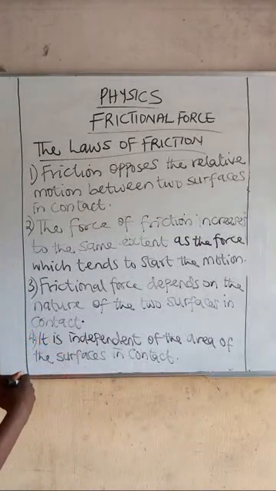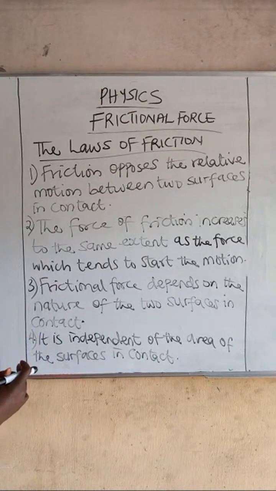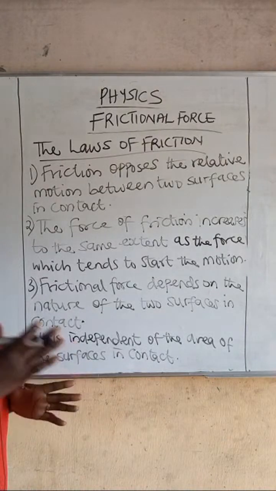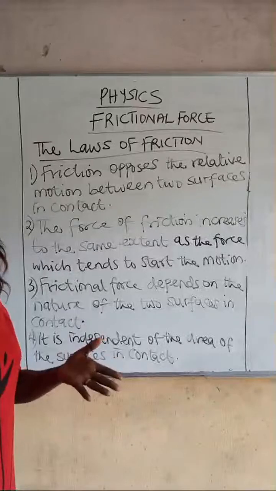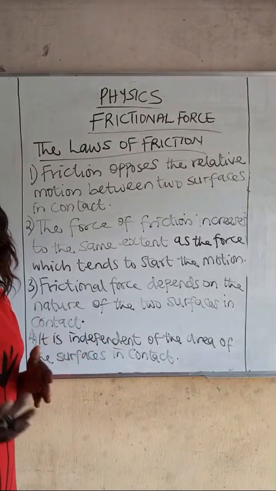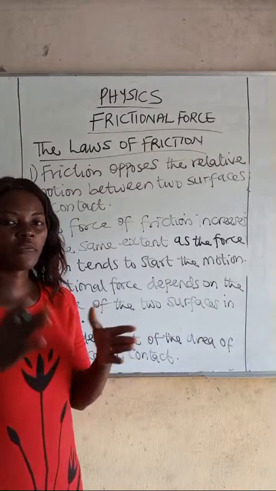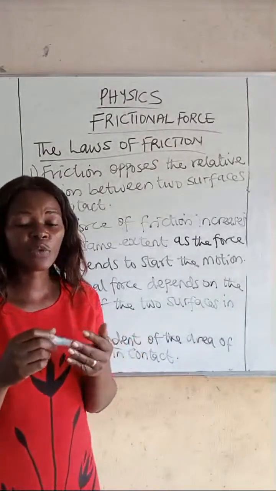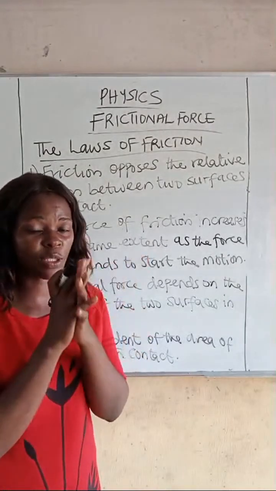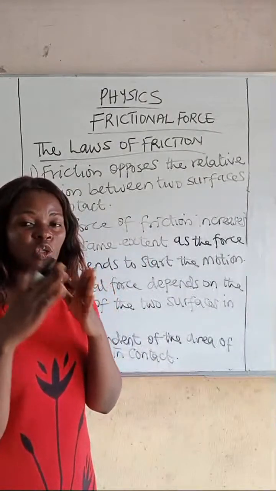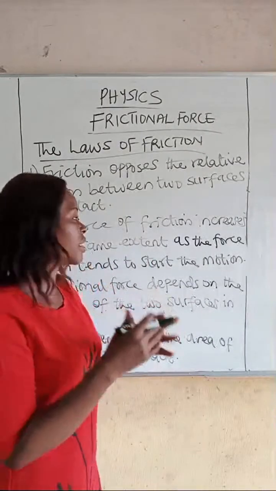The first one, friction opposes the relative motion between two surfaces in contact. I've already explained that, but let me still go back to explain. When I mean two surfaces in contact, it means when two bodies are in contact, okay? So friction tends to oppose the motion of one over the other.